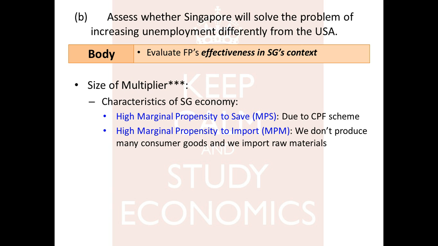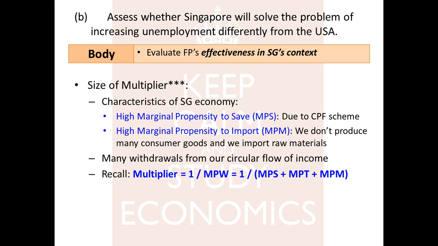Now, if you recall, things like savings and imports are actually withdrawals from our circular flow of income. I hope you still remember it. Again, if you have forgotten the circular flow of income, please go back to your lecture booklet and do some revisions. Again, recall the multiplier.